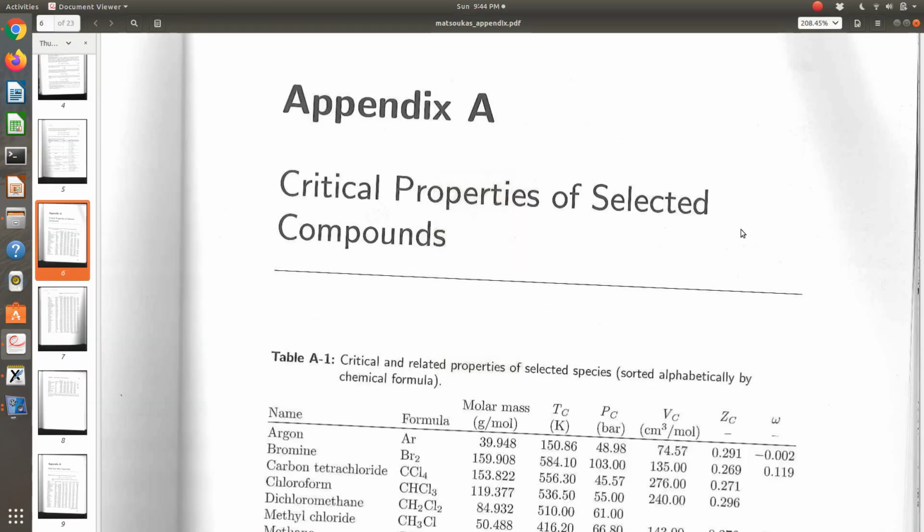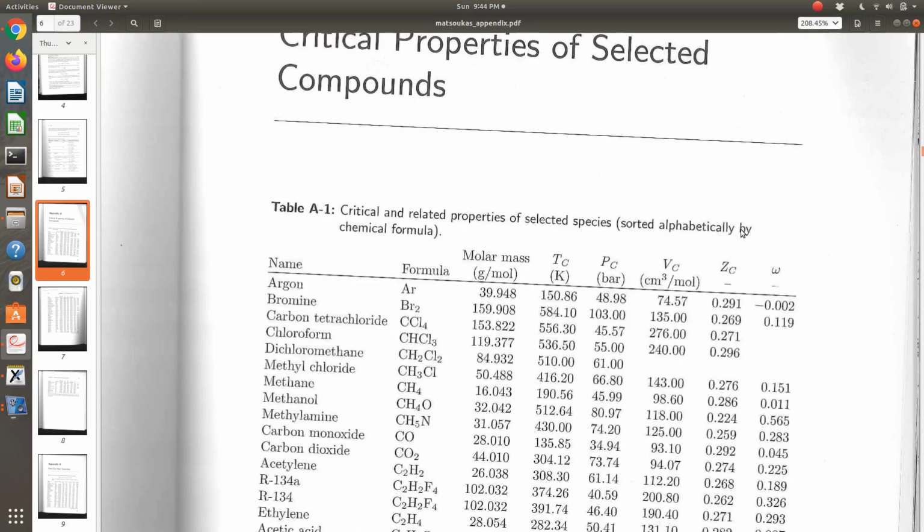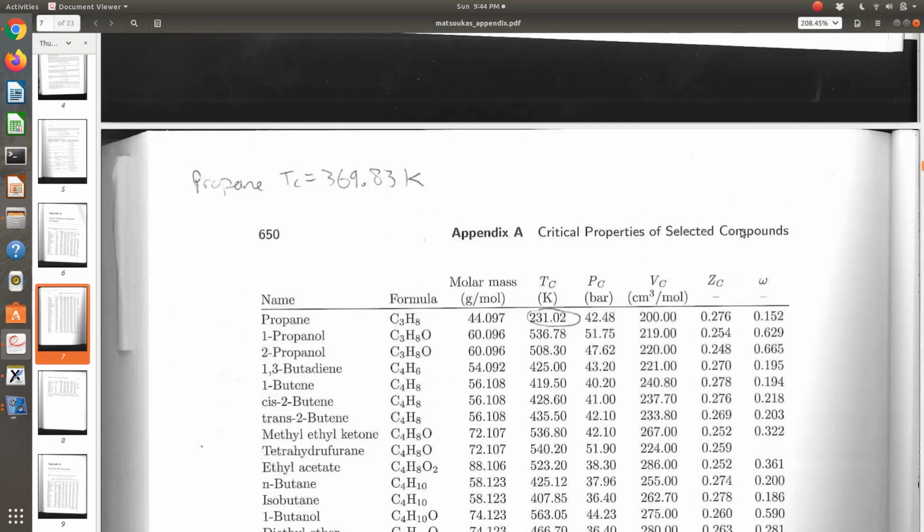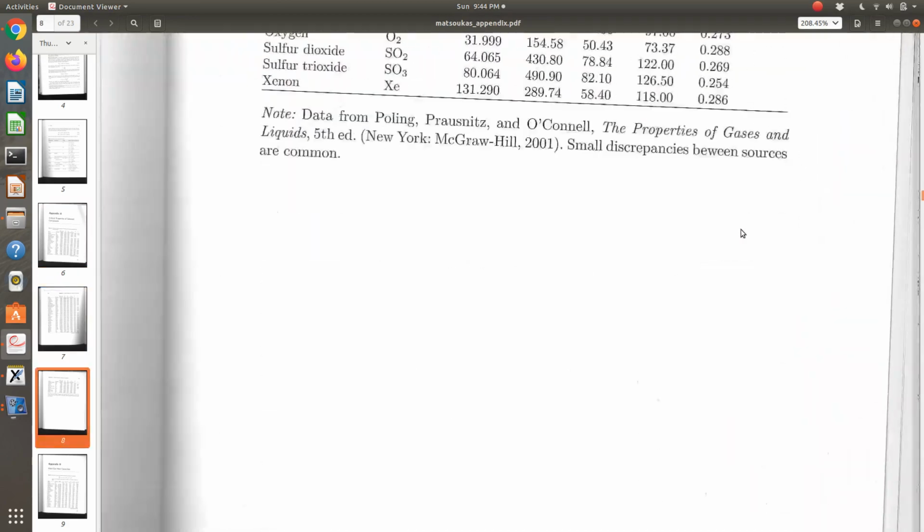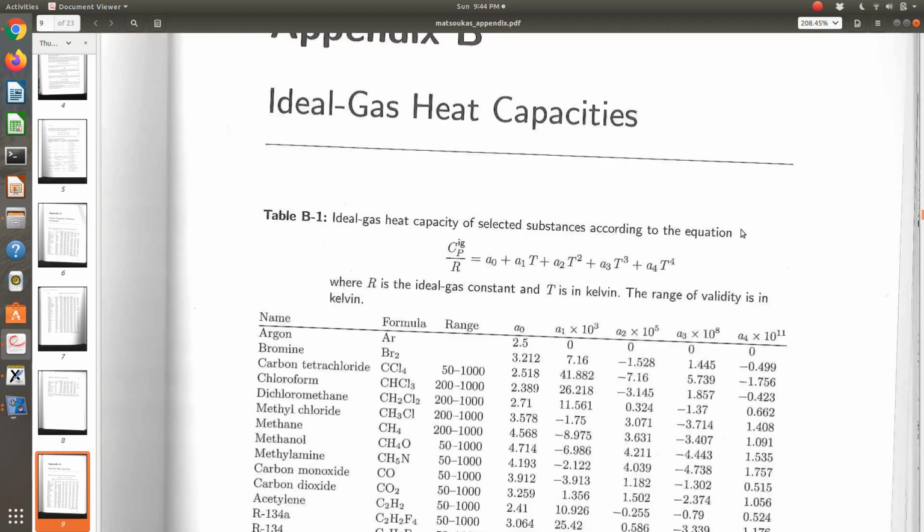And if you were to go to Appendix A in the back of the book, that is where you'd get TC, PC, and omega. If we were to go to Appendix B, you have ideal gas heat capacities, right? So the book provides us with polynomial expressions for heat capacity, and it's easy enough to evaluate the integral of a polynomial. And even when you have 1 over T, the first term will be a naught over T, and then you just have a polynomial from there on out.